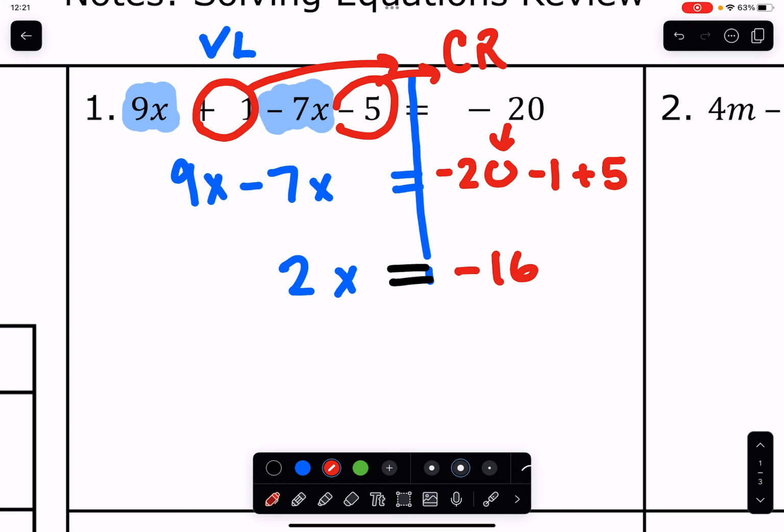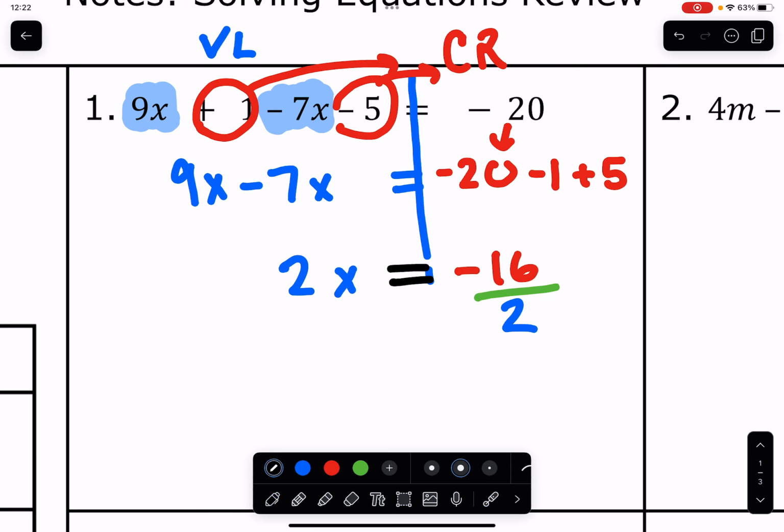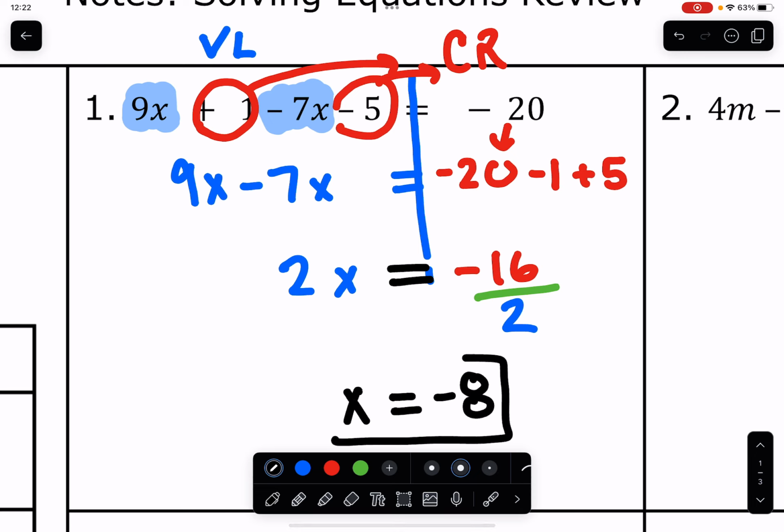And what I can do from here is simply divide by this 2, get this negative 16 and divide it by these two x's, and I get my value for x. So I get that x equals negative 8. So there is your solution. X equals negative 8.